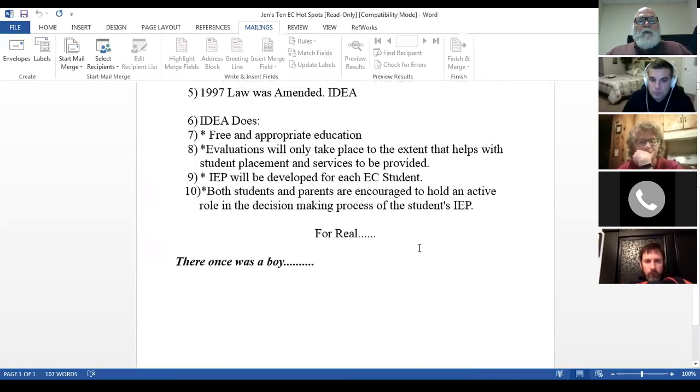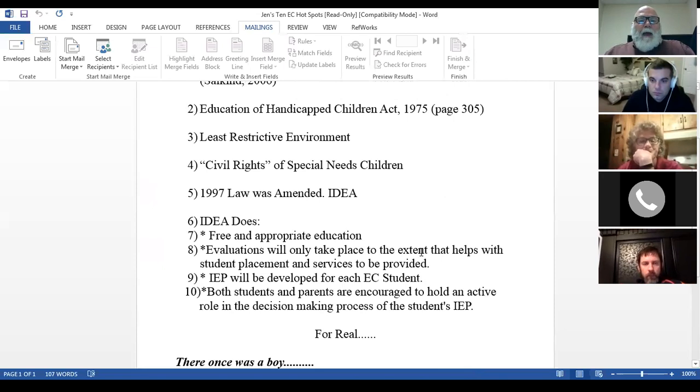But you need to look at IDEA, especially for your 504 kids, and that gets into ADD versus ADHD and those kinds of things. Your district has policies on there. There's laws.